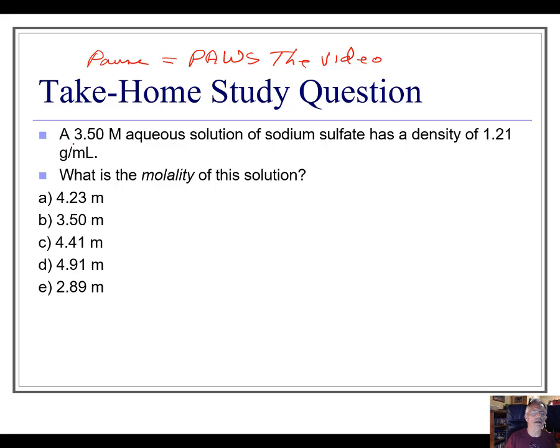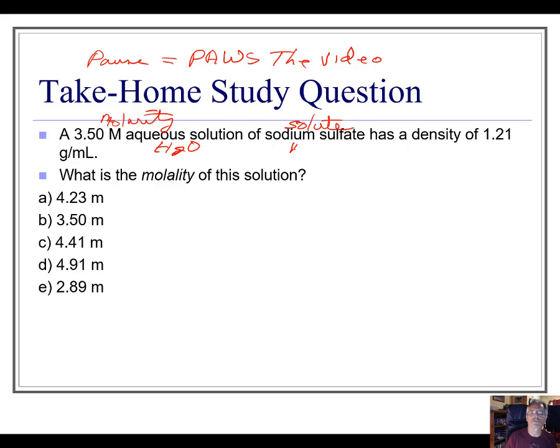I've got a 3.50 molar solution. Now, molar is molarity, and hopefully you remember what molarity is: moles of solute per liter of solution. It's an aqueous solution, which means that our solvent is H2O. Sodium sulfate is our solute, so we're going to need a formula for that.